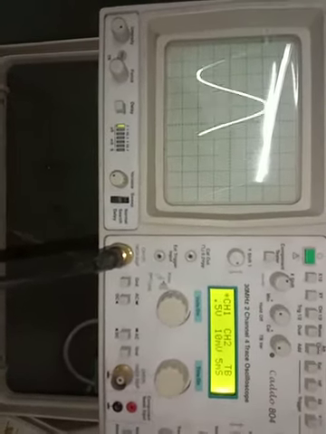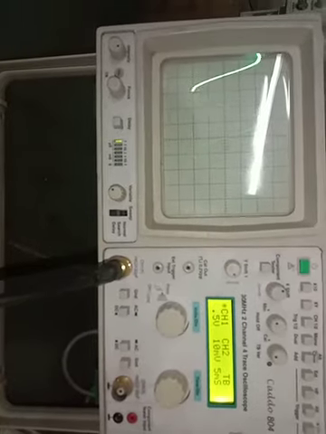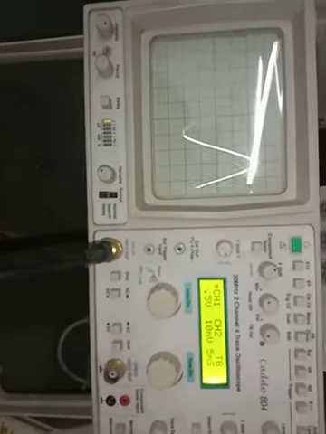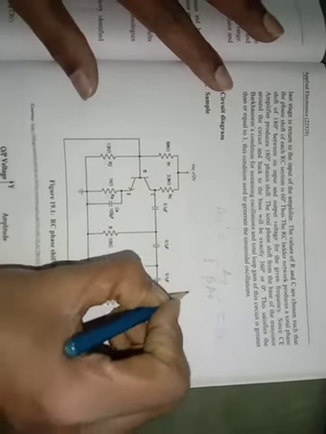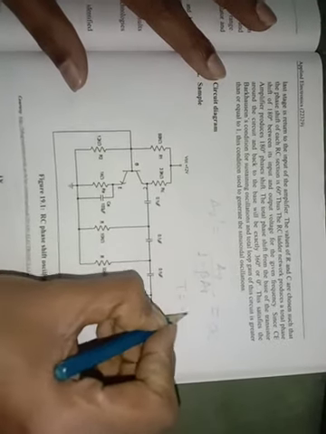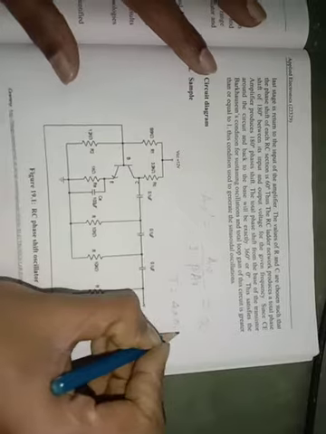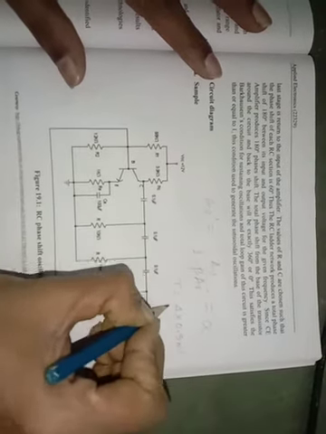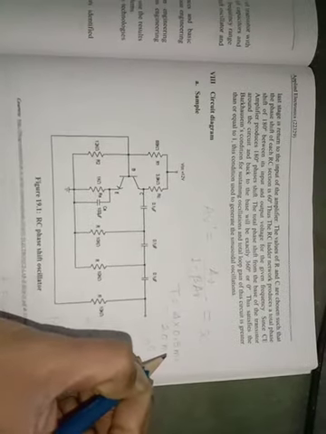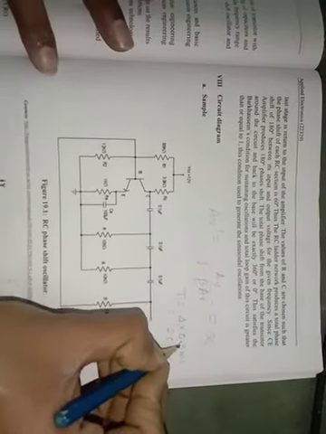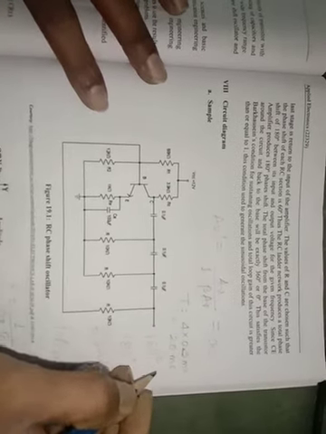If I take the inverse, then the frequency is approximately 50 hertz. So the time period is 4 multiplied by 5 millisecond, which equals 20 millisecond. Sorry, I mistakenly said 0.5, it is 5 millisecond.